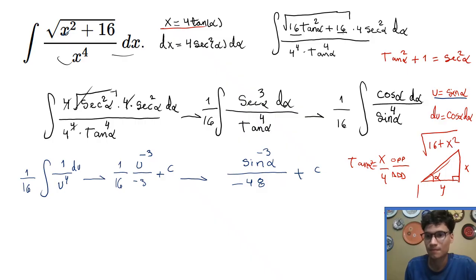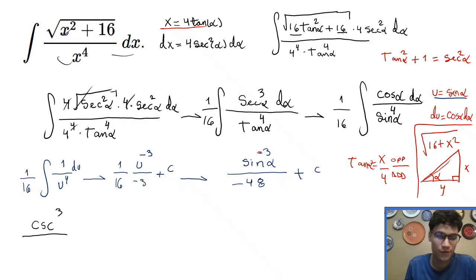Using that, we can replace that in the sine to the minus 3. We know that the sine to a negative power is basically a cosecant. So the result of our integral is cosecant of alpha to the third power, divided by minus 48, plus c.